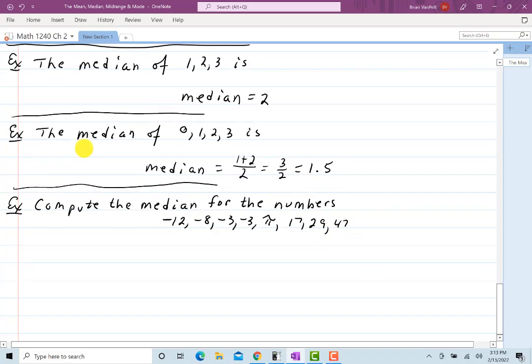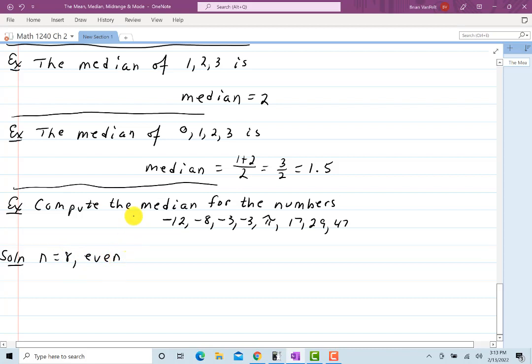So now how big of a set of numbers do we have? We have a total of 1, 2, 3, 4, 5, 6, 7, 8 numbers. N equals 8, and that is even.